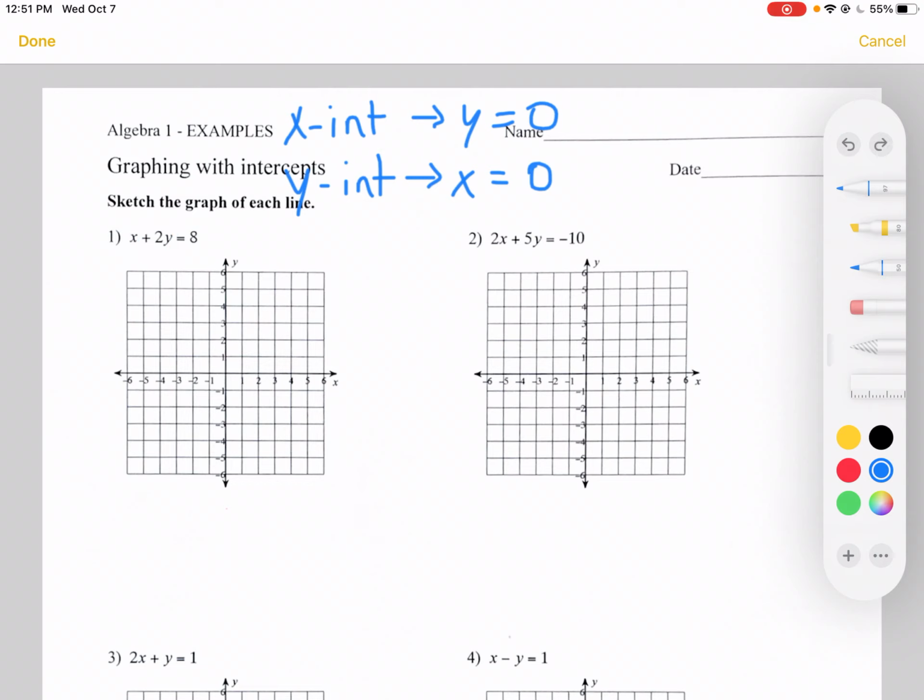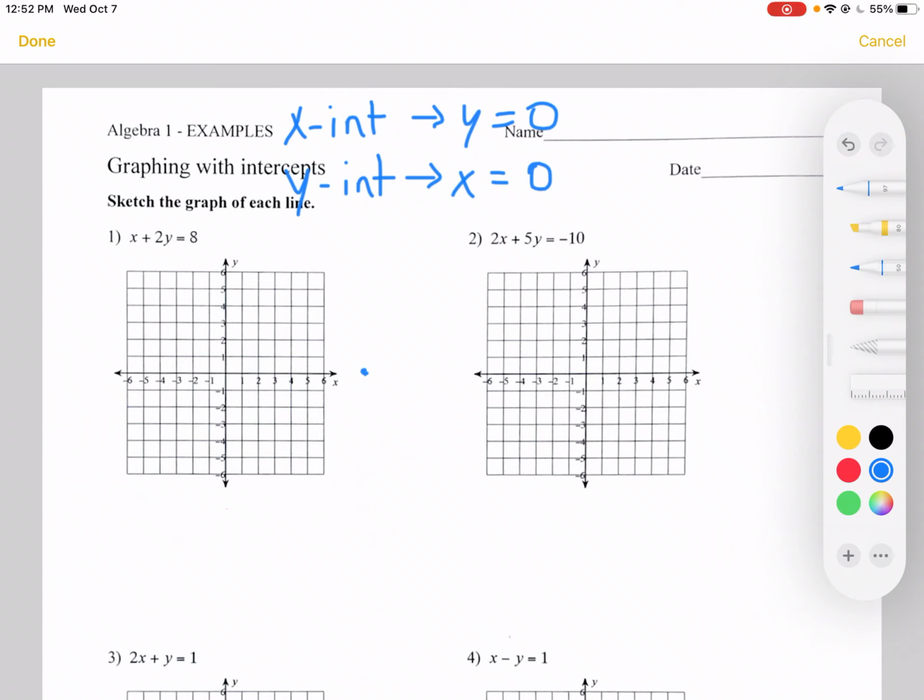So cross that out, that whole part is going to become 0. So what's left over is x equals 8. So we're going to go to 8 on the x-axis, and that's why it's a bad question, because 8 ends up out here somewhere. So then erase your work, do it again.